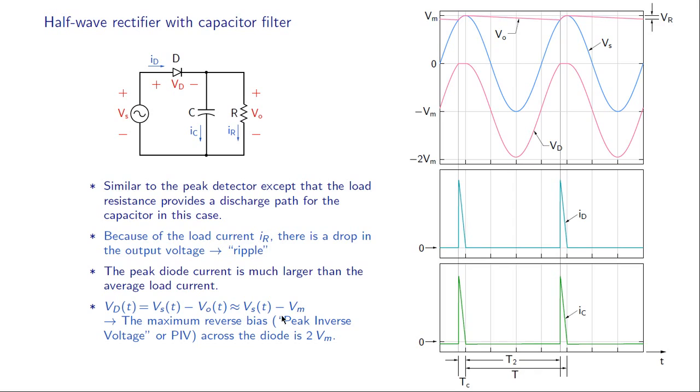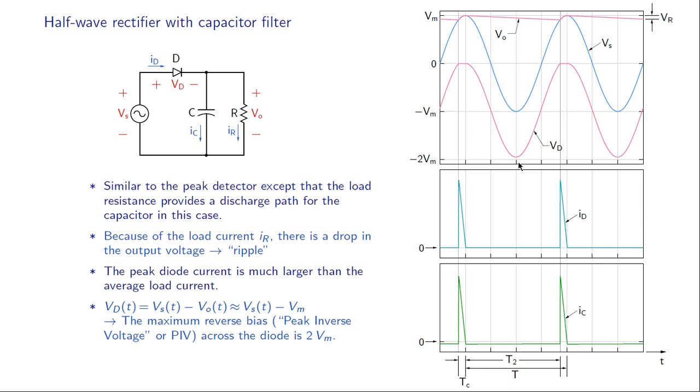So therefore we expect Vd to vary between minus 2 Vm and 0, and that is indeed observed in this plot here. This is our Vd. The maximum value is 0 volts, and that happens when the diode conducts, and the minimum value is minus 2 Vm. And when Vd is minus 2 Vm, the diode is obviously under reverse bias.